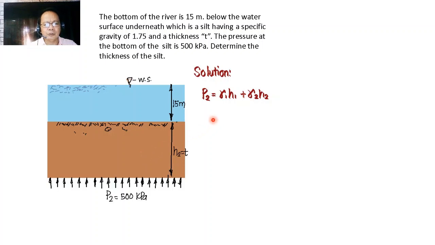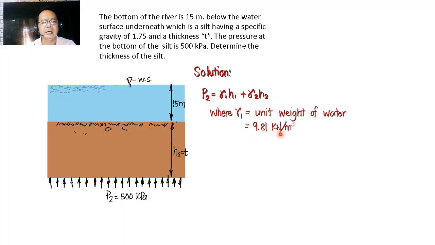So in this problem, yung gamma sub 1 natin represents the unit weight of the water, and that is given at 9.81 kilonewton per cubic meter, while this gamma sub 2 represents the unit weight of the silt, and this is equal to 1.75 multiplied by the unit weight of the standard liquid, which is water.